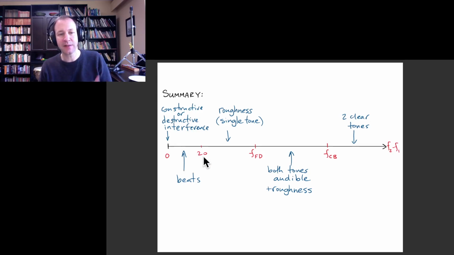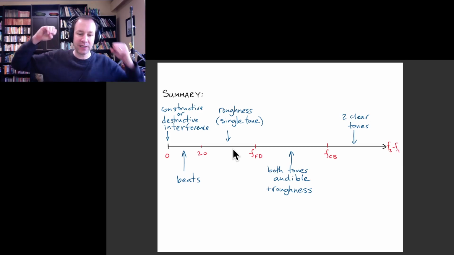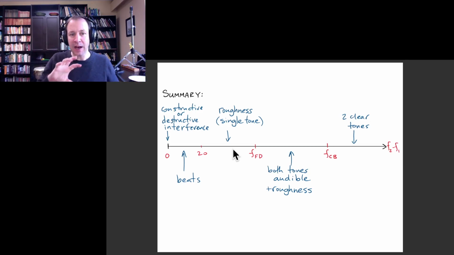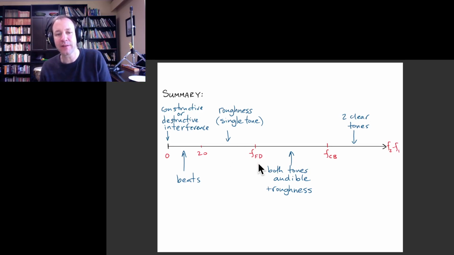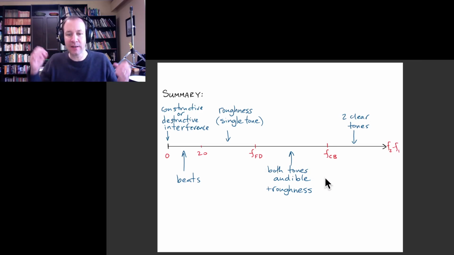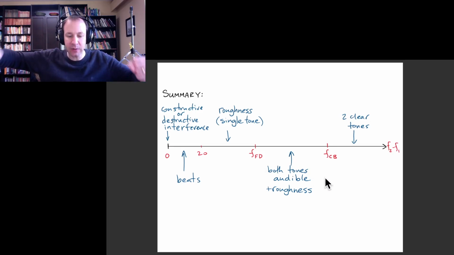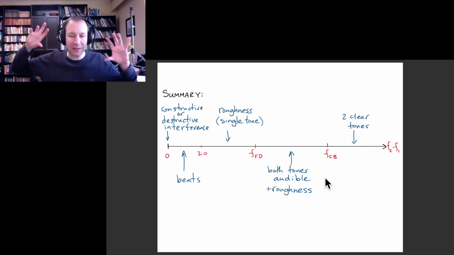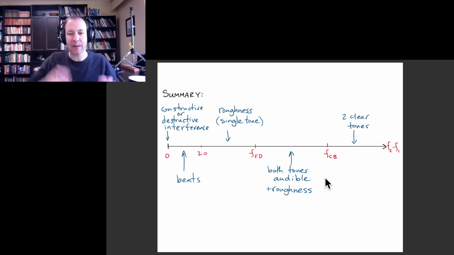When the beats got too fast, so maybe above a frequency difference of 20 or higher, then it was like a single tone that we perceive, which is the average of the two frequencies, along with some roughness. Above what we call the frequency discrimination difference, we could hear those separate tones F1 and F2 at the same time, along with the roughness that we had before.